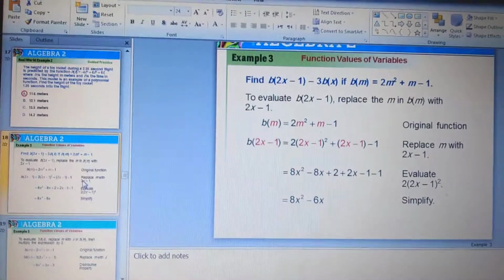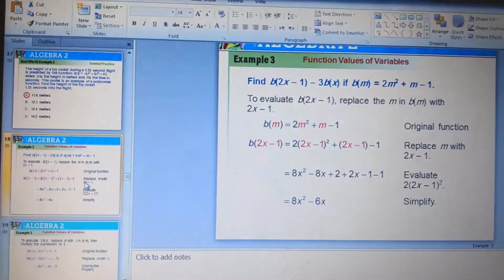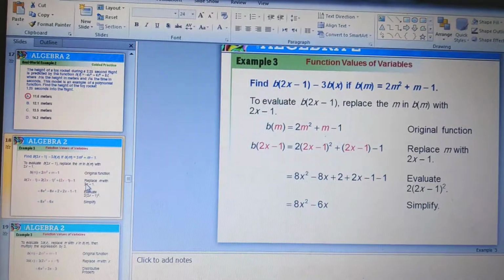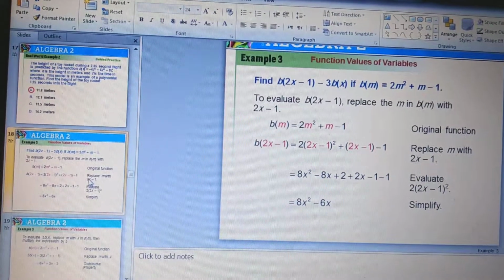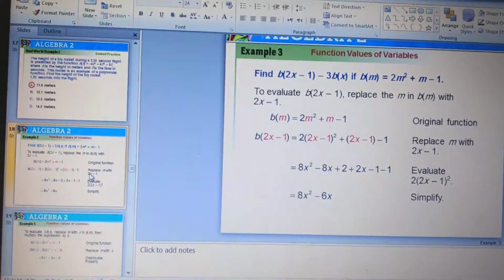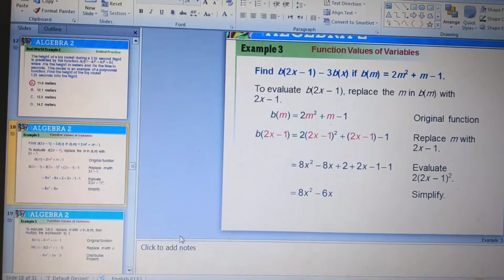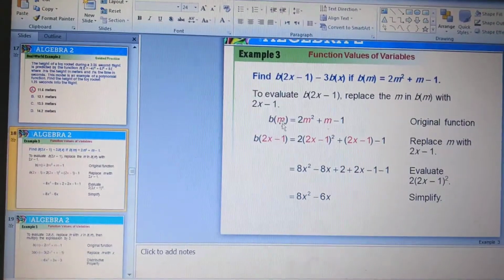This is the rule that we are going to follow to find b(2x minus 1) minus 3b(x). All I am going to do is replace 2x minus 1, here look, 2x minus 1, I replace it by m.